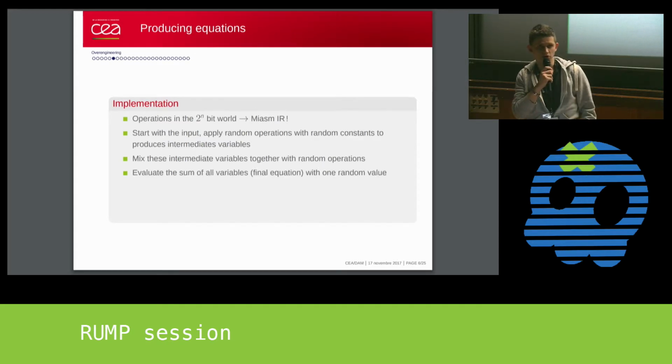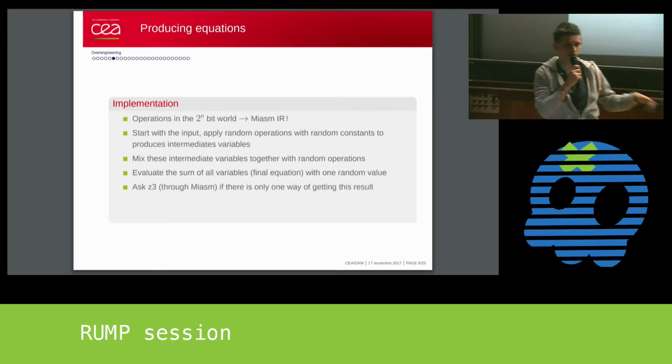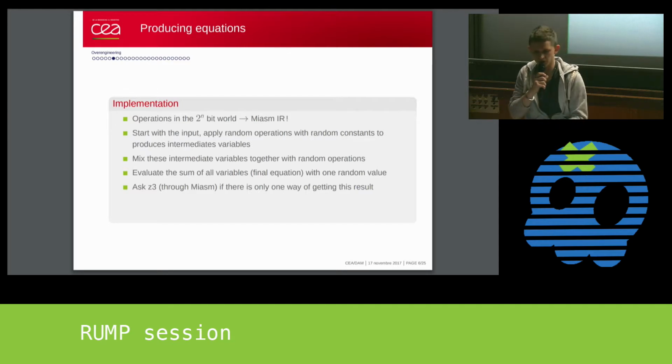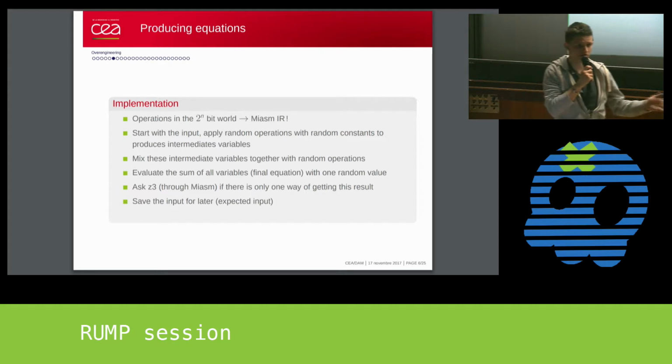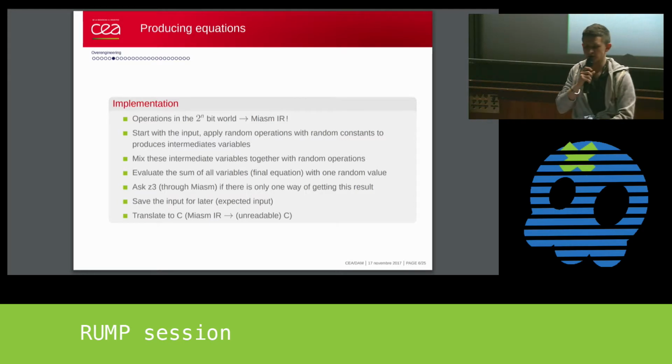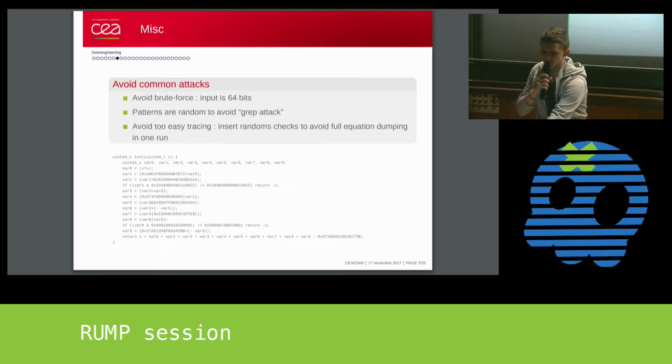Finally, we sum all of them, take a random value, evaluate the expression, and ask Z3 through Miasm if there is only one way to get the zero at the end. So we want an answer, and only one. If this is the case, we save the input and we save the C code, which we obtain by asking Miasm to translate it to C. It's just unreadable C code, which looks like this.